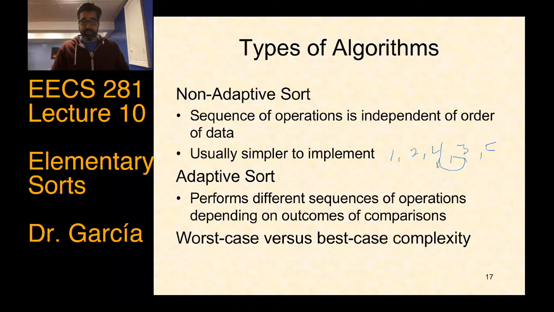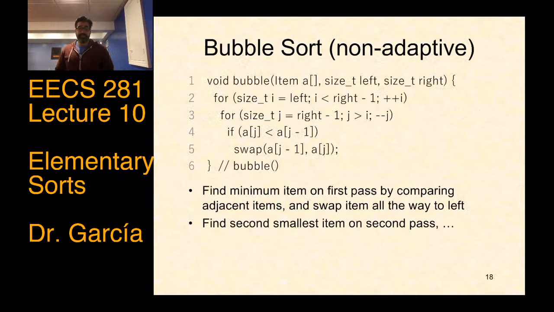Whereas if I had 2, 1, 4, 3, 5, that's almost completely random. Of course, that's a very wishy-washy way of describing almost sorted, but again, we're going to describe it explicitly later on.